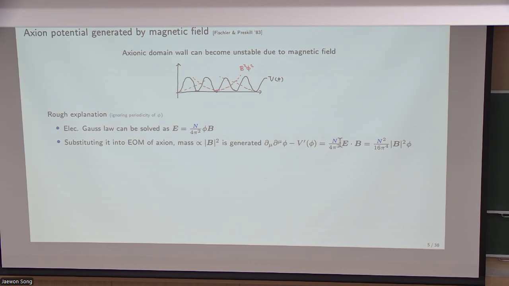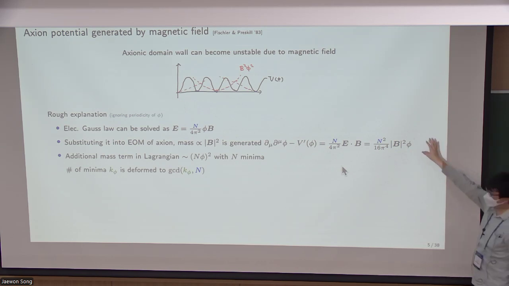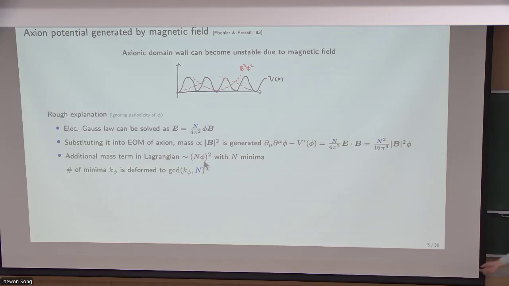This can be shown by substituting this solution into the axion photon coupling, so we have the axion field and B squared with the magnetic field. In terms of the Lagrangian, this mass term can be understood as a potential term with n phi. So this potential term gives us n minima. This is a very rough explanation.